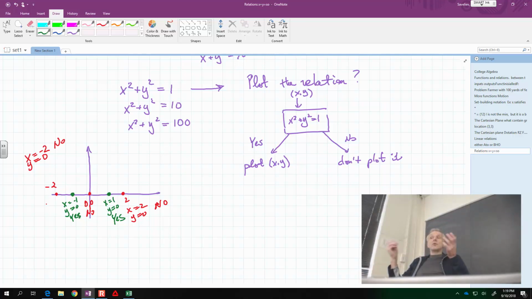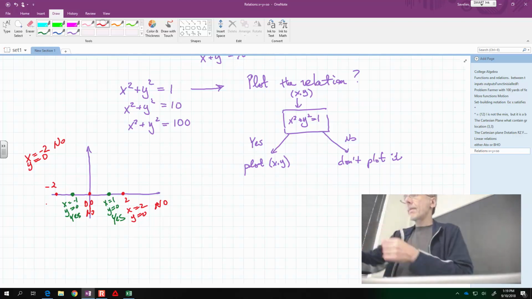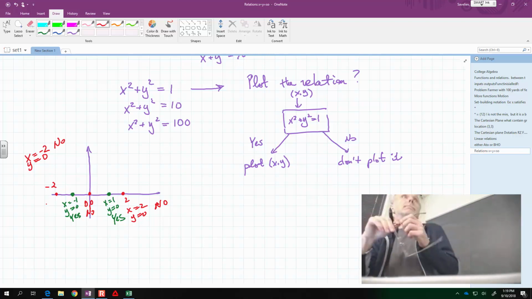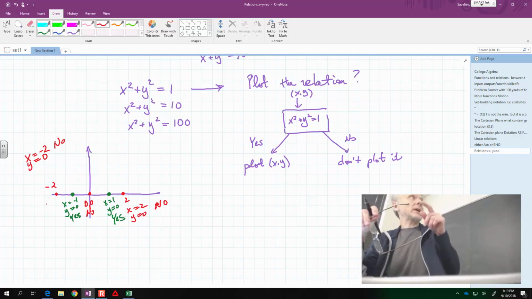So can you suggest any other points that I should try? The sum of the squares is 1. So if x is 1, y is equal to 0, then we have 1.